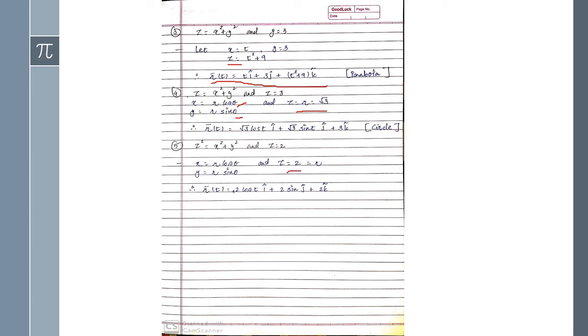So just put in the value of r so that you get 2 cos t into i, 2 sin t j, I forgot to write t here, and z of t equals 2k. Okay, so this was all the parametric representation of the given equations. Now the next method we will do in our next session.